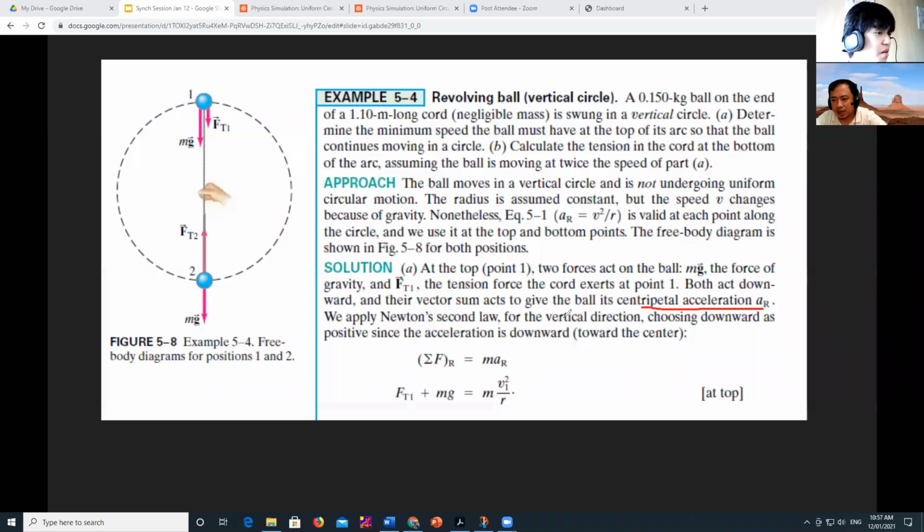We apply Newton's second law for the vertical direction. Newton's second law is ma, and the acceleration is radial or centripetal, so m times v squared over r. We choose downward as positive since the acceleration is downward toward the center.